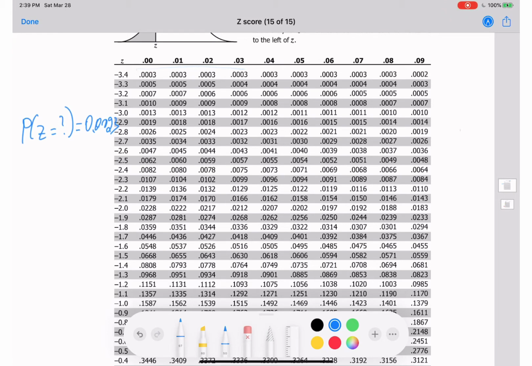The probability 0.0023 means it's equal to 0.23%, right? Let me rewrite it, I don't like how it looks. So 0.0023 is equal to, we move by 2 positions to the right, which means we multiply by 100.